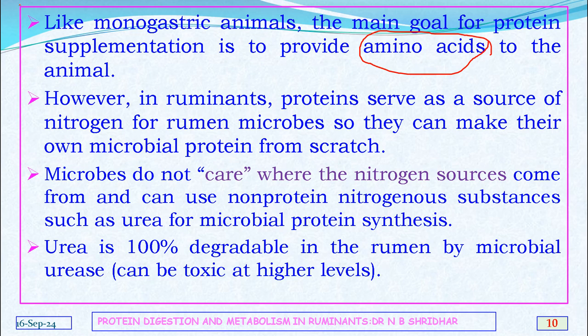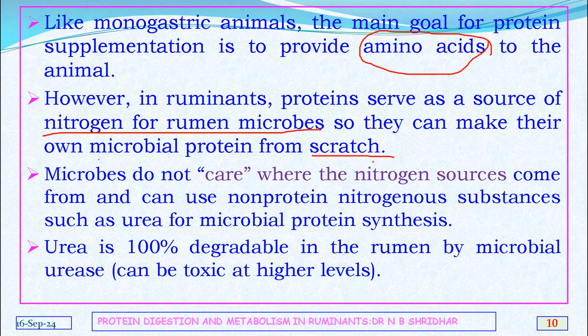the proteins in ruminants serve as the source of nitrogen. Directly, they are not converted to amino acids, but are provided as nitrogen to the rumen bacteria so they can make their own microbial protein from scratch.